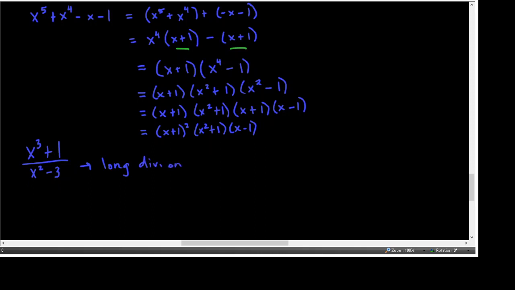And the result will be that that's equal to something plus some remainder thing over your divisor, which in this case would be x squared minus 3.